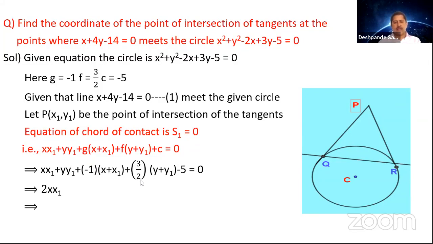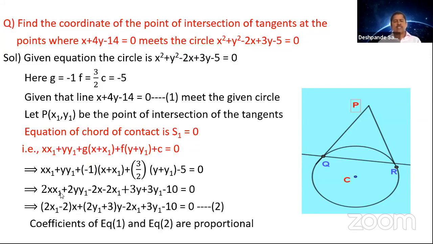The LCM is 2, so you get 2xx1 plus 2yy1 minus 2 into (x plus x1), so minus 2x minus 2x1, then 3y plus 3y1 minus 10 is equal to 0.